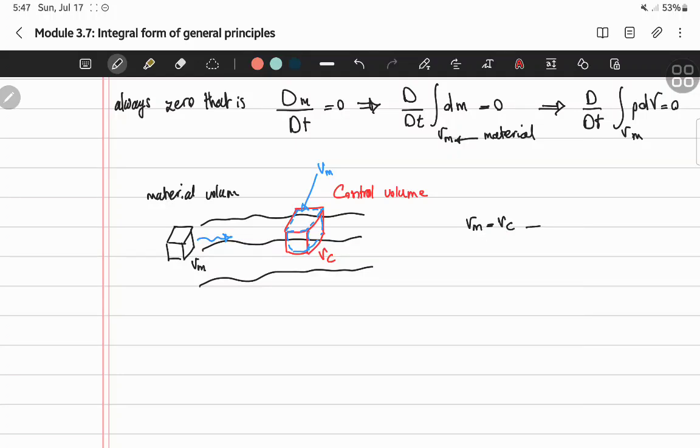At this moment, we can take this material derivative inside the integral. Instead of Vm, we write Vc, so Vm equal to Vc.